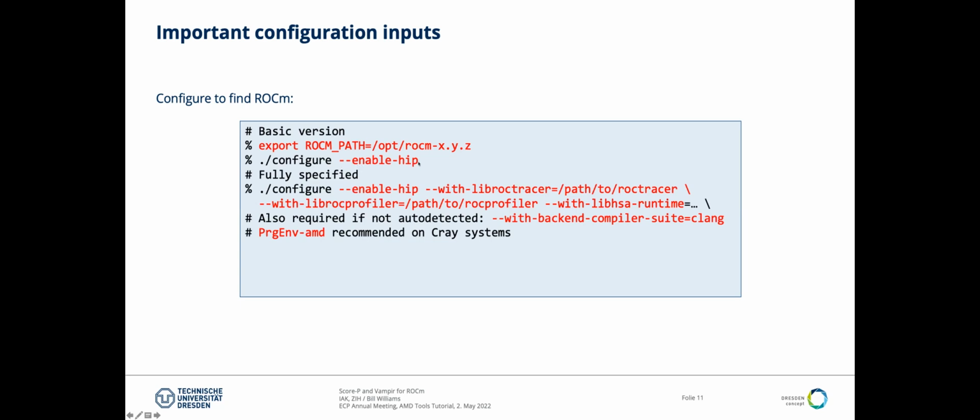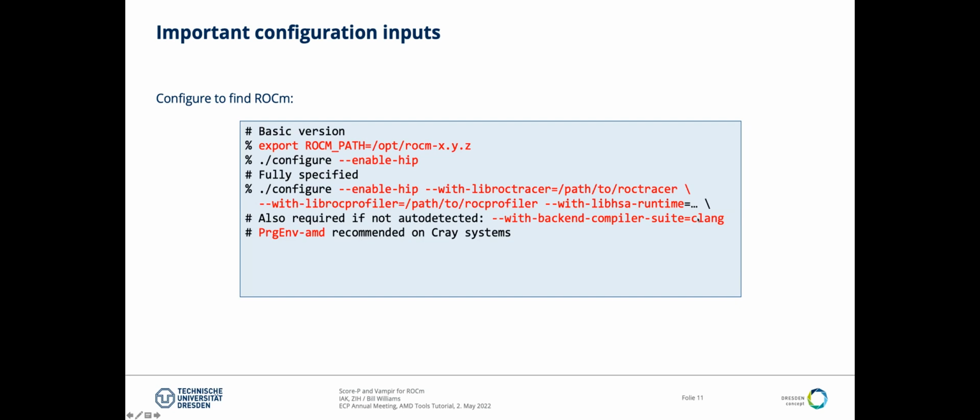Enable HIP will force our configure to look for all of the various ROCm libraries. And of course, we have a relatively standard set of with arguments. Most of the time, with a sane setup, you shouldn't need these. But in the event that you do, there they are.